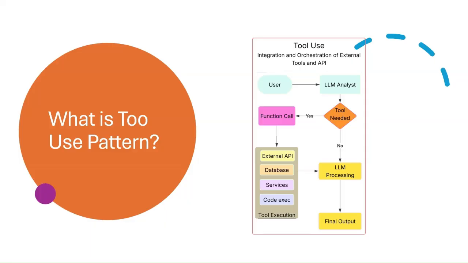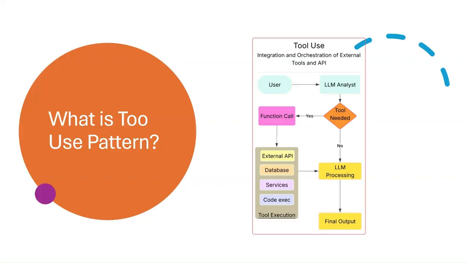Once the results are retrieved by the LLM, the result processing and final response stage comes in. The agent combines the tool output with its reasoning capability to generate a meaningful response. Depending on the workflow, it may provide the final answer, initiate another tool call, or continue executing additional steps to complete the task. The tool use pattern allows AI agents to connect their reasoning capability with external systems and services.